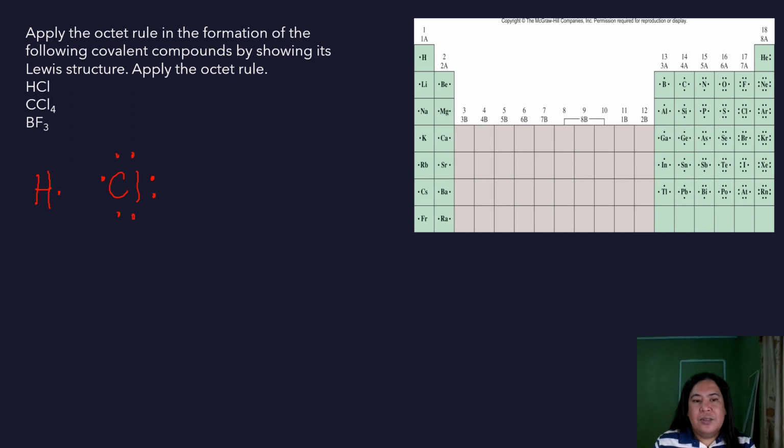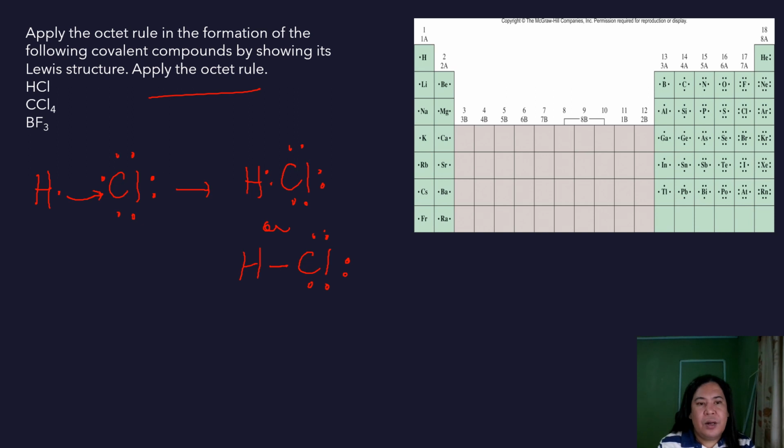When they bond, you will have H and Cl with its dots, or H, a dash line, and chlorine: 2, 4, 6, plus the shared pair makes 8. So that satisfies the octet rule.